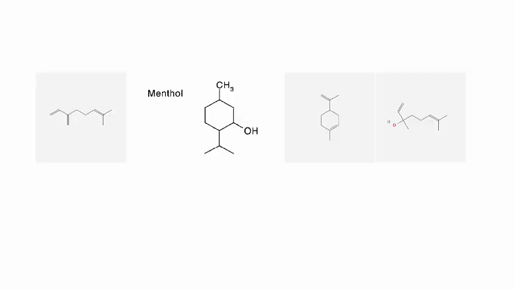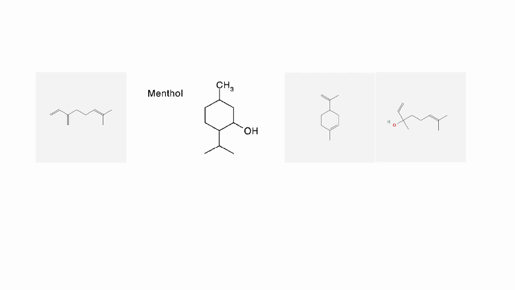Okay, so if you look at the next slide, I have given the structures of all these four compounds. The first one towards the extreme left is myrcene, the second one is menthol, the third one is limonene, and the fourth one is linalool. So if you look at this, menthol and limonene are the cyclic compounds here.